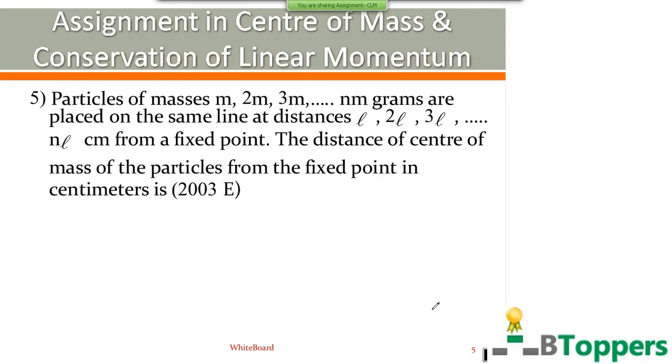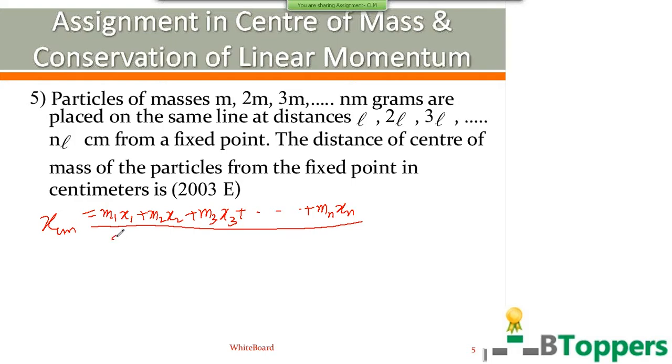So the x coordinate of the center of mass of the system of n particles is given by m1 x1 plus m2 x2 plus m3 x3 and so on up to mn xn, divided by m1 plus m2 plus m3 etc. up to mn.